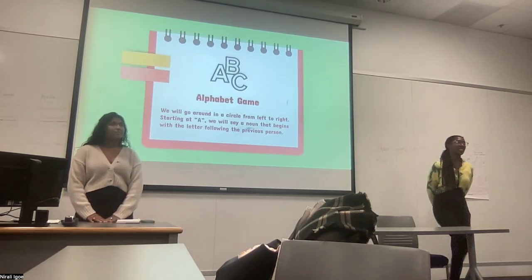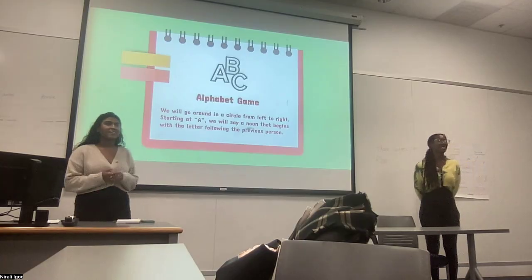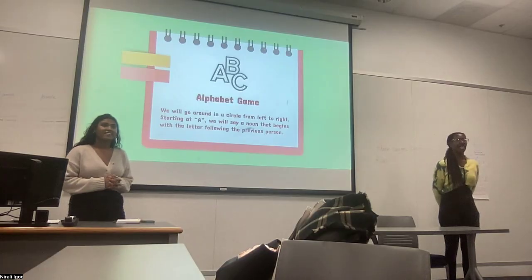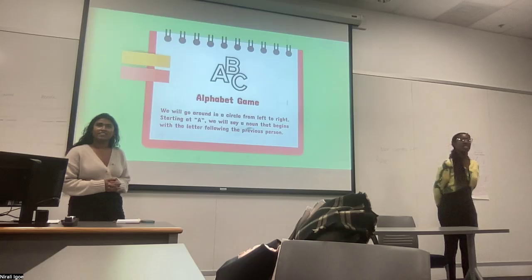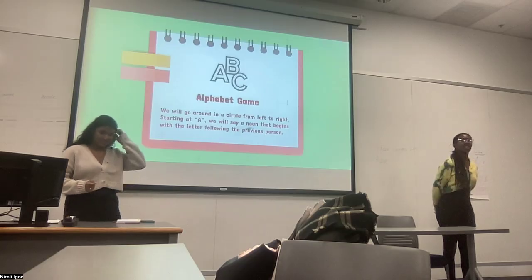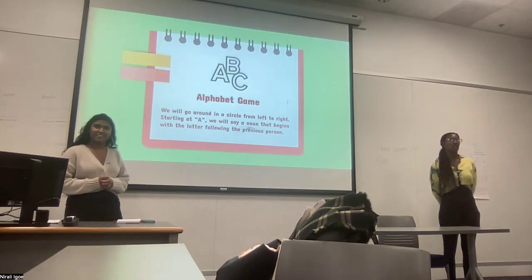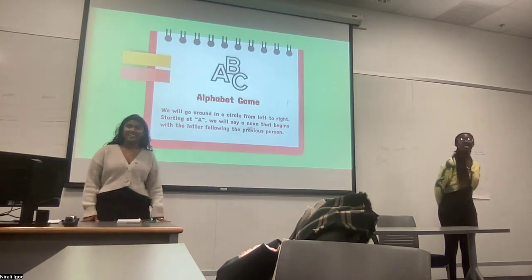E for elephant. G for grape. It's okay. And Ava. H for him. I for igloo. J for alligator. Love that. K for cool.